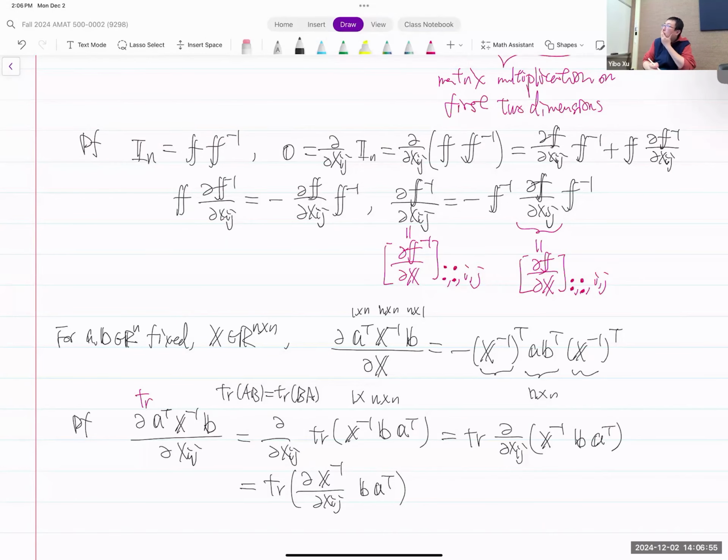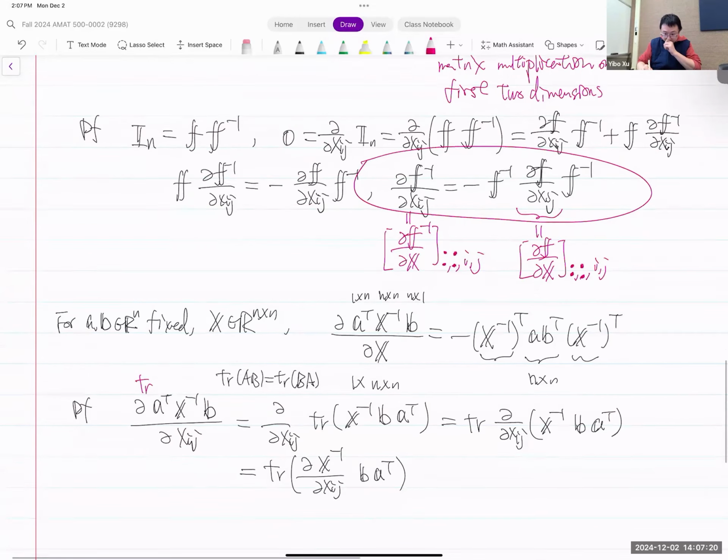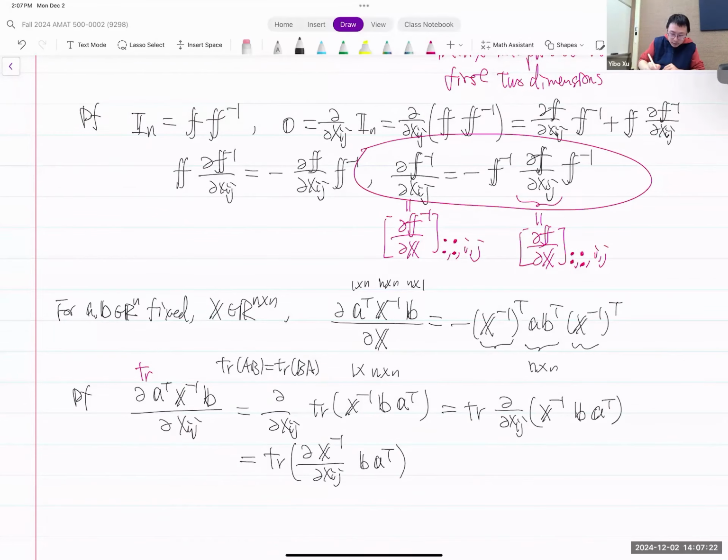All right. And now I'm at the point where I can utilize the previous result. So what do I have from this equation? Now I want the partial of X inverse. So here my function little f is just X. If that's the case, then utilize this equation right here.